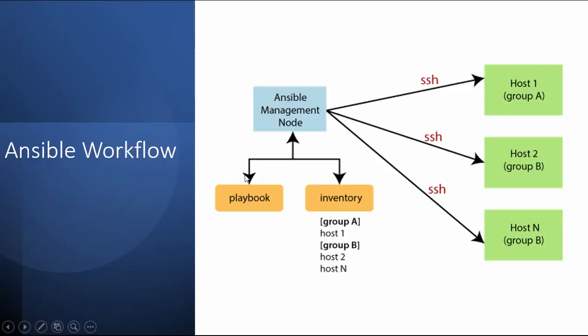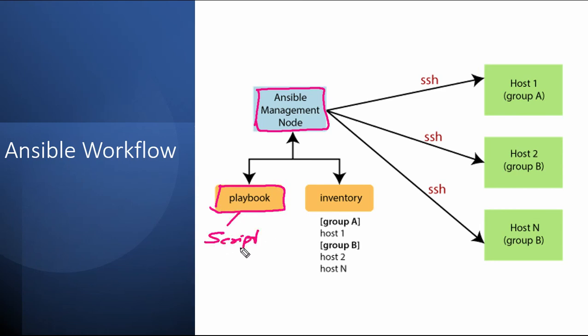Now moving forward, this is one of the very high level Ansible workflows, which says that we have the Ansible management node, which is this one. On the Ansible management node, we need to configure some playbooks. A playbook is nothing but a script which we plan to execute on the devices. But which devices? That device information we need to mention in the inventory.